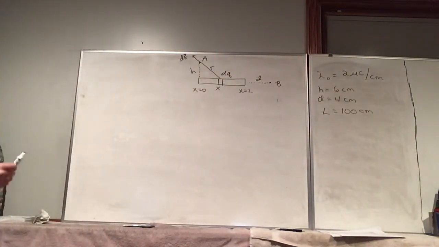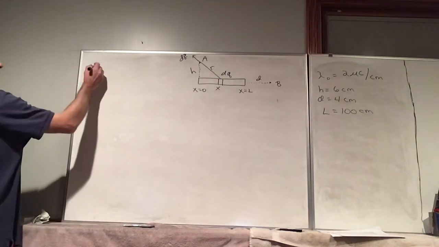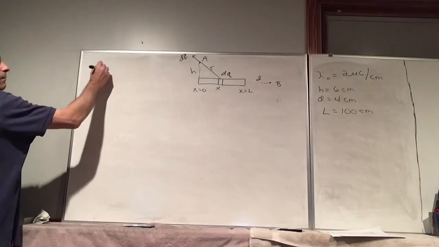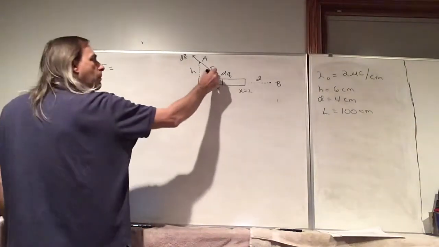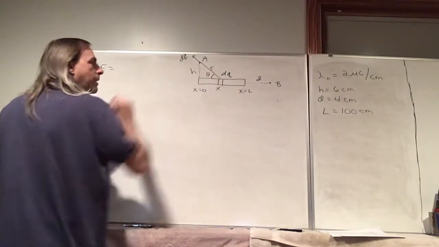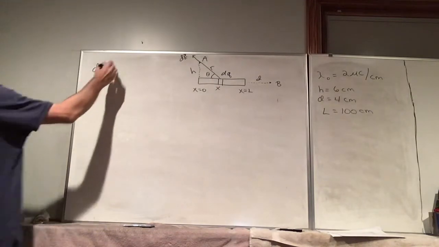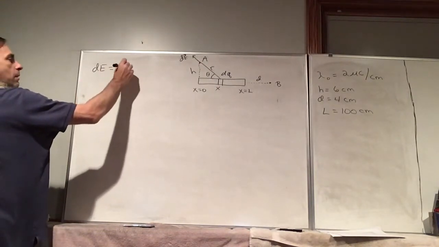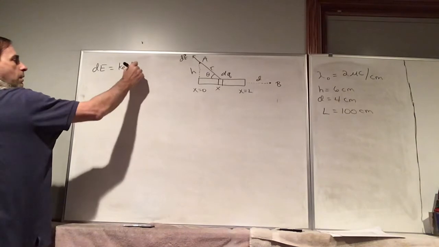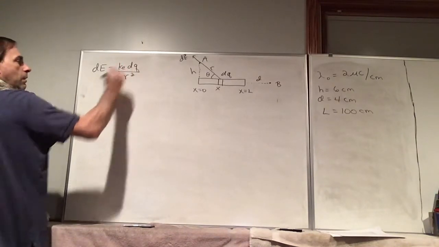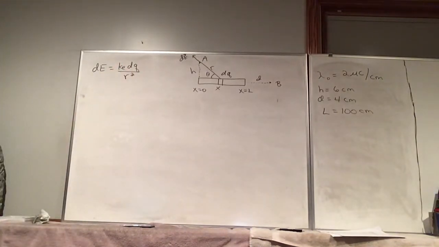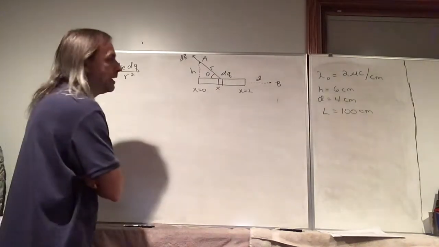So let's start out by looking at the magnitude of dE. We'll define that angle as theta. So dE, that would be k_e dq over r squared. And dq, that's lambda dx.